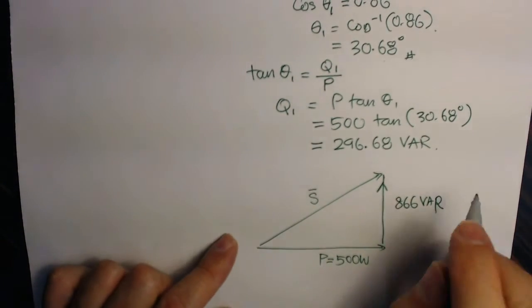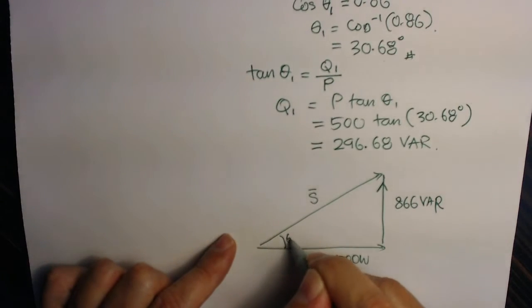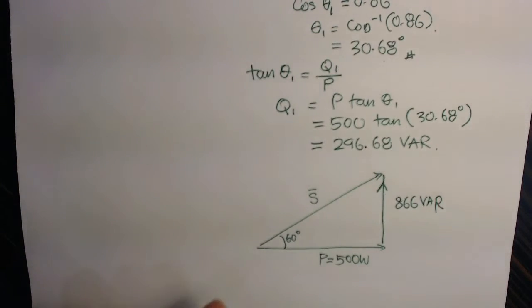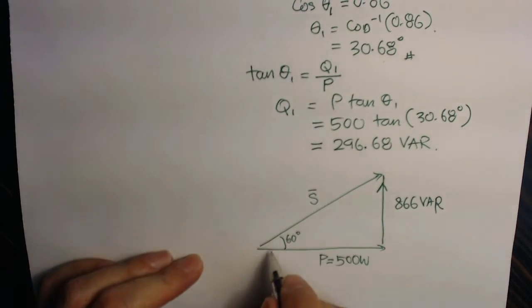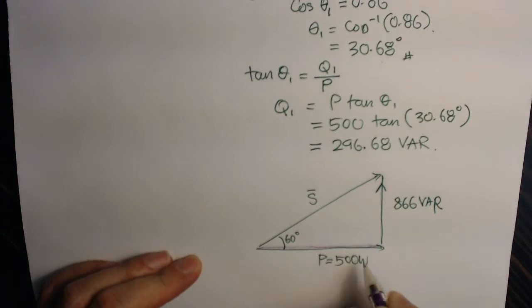And the power factor has an angle of 60 degrees. Now the new power triangle will be something like this. The power P still remains the same.